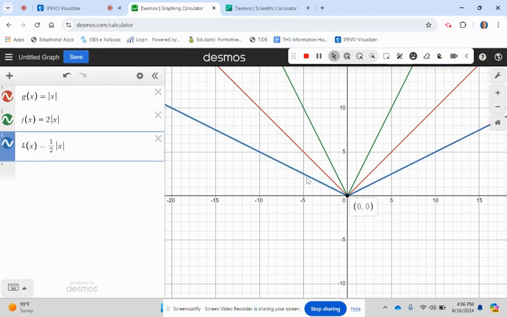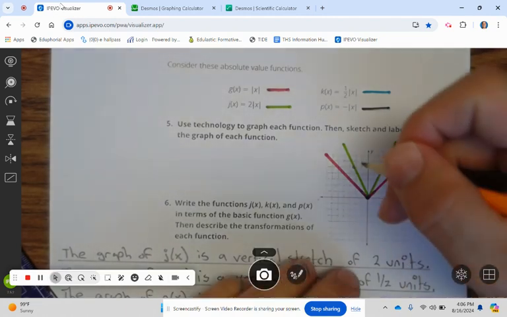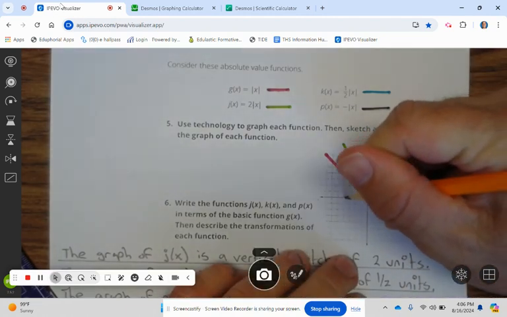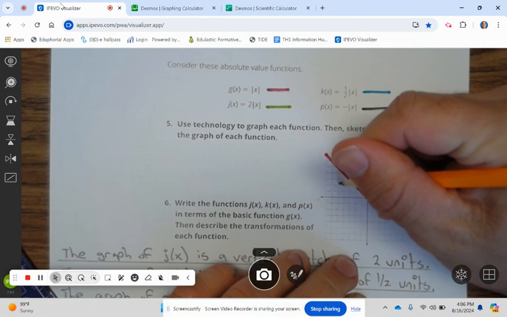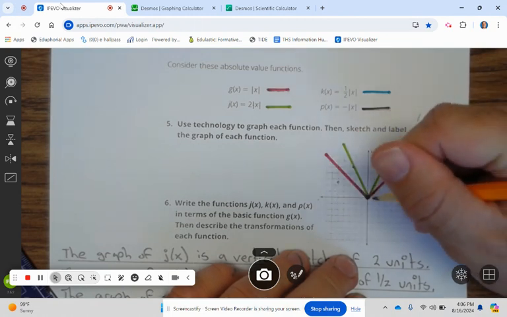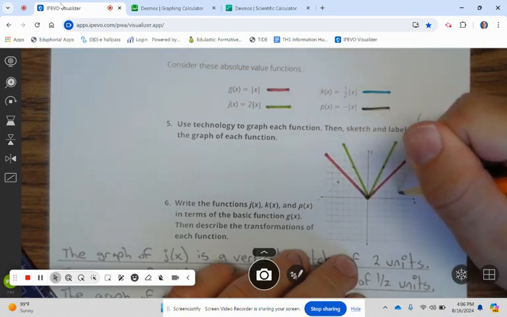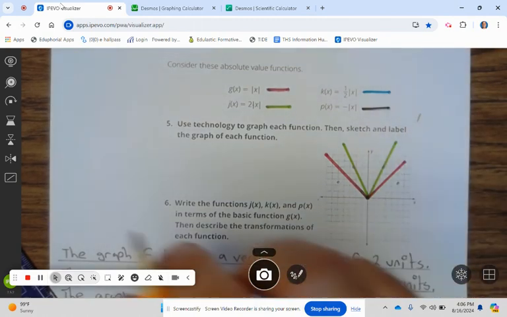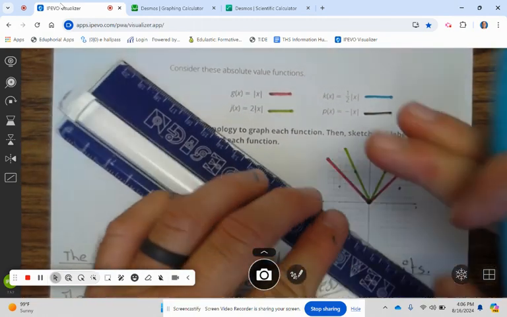That point might be too far, so let's find something better. Negative 5, 2.5, and 5, 2.5. So let's use that. We said blue.